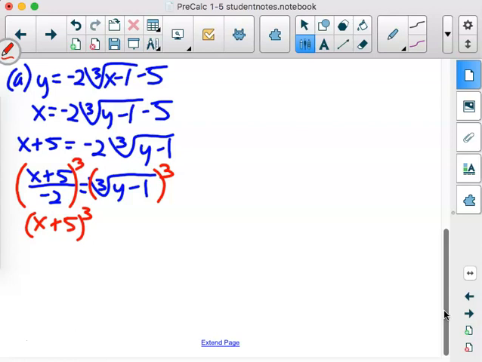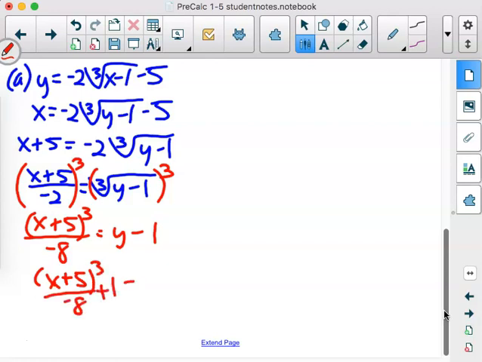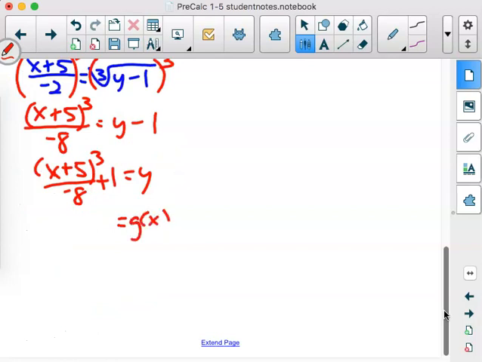Obviously that would not be a simplified form. But I definitely know -2 times -2 times -2 is -8. So that part I can simplify. And last but not least, I need to move over the +1. And give it that step 2.5. This was supposed to be g of x.